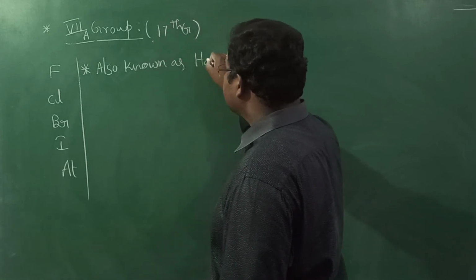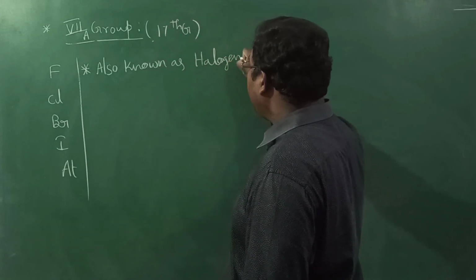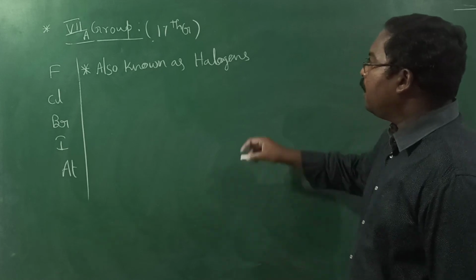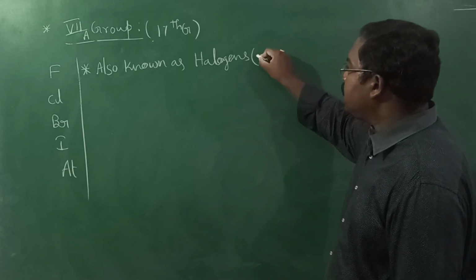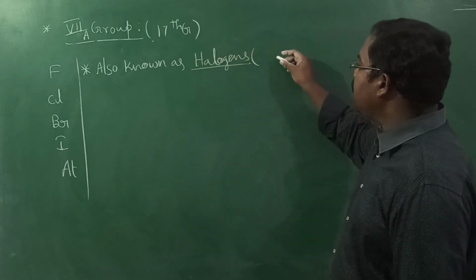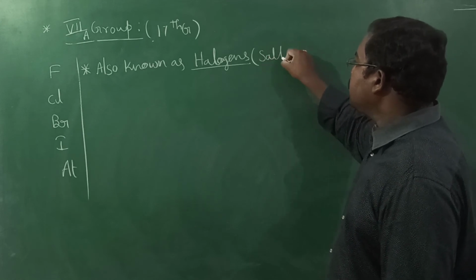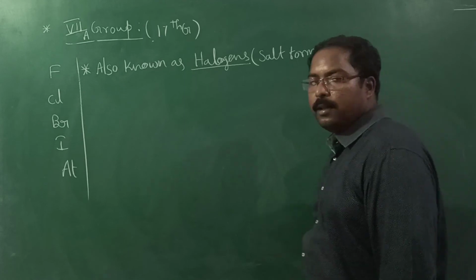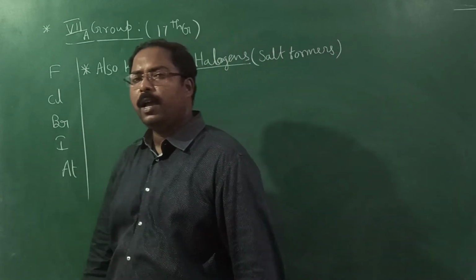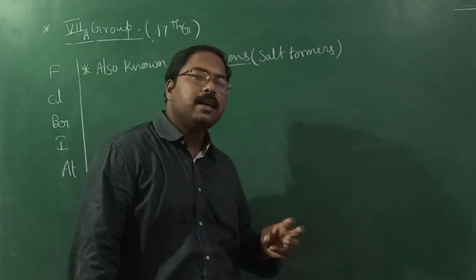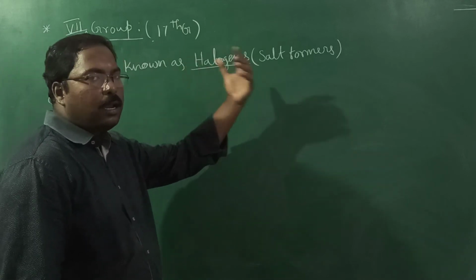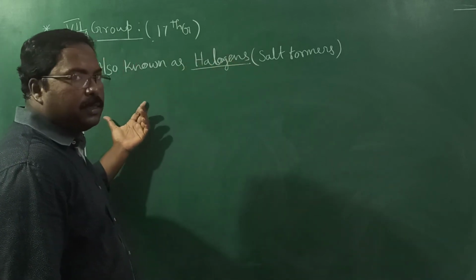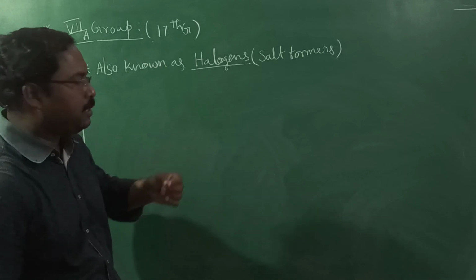We all know this, they are also known as halogens. Why are they called halogens? The meaning of this word is salt formers. With the metals they form salts. We all know NaCl, KCl, all these are salts. So these are salt formers, and that is why these are known as halogens.